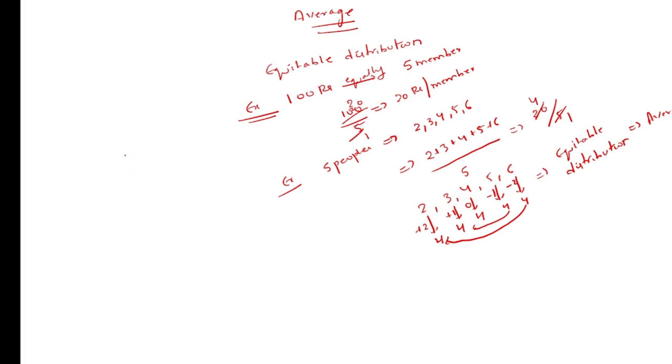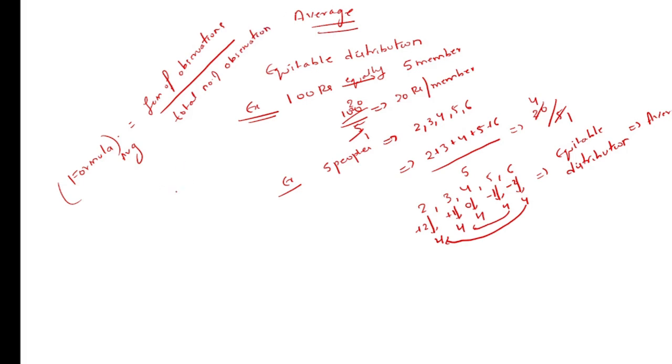So now, what is the formula for average? From the definition, we can say that average is equal to the sum of observations by the total number of observations.